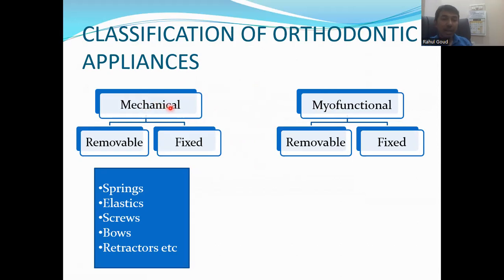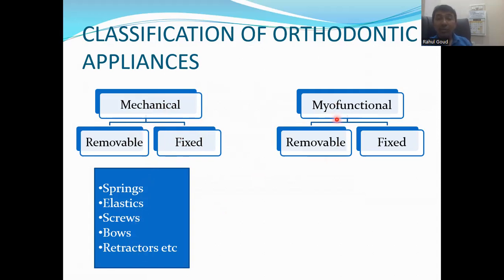Further, these mechanical appliances are classified into removable appliances and fixed appliances. When coming to these fixed appliances, the movement of the tooth is brought about by the active components of these fixed appliances, which are the springs, elastics, screws, bolts, and retractors.